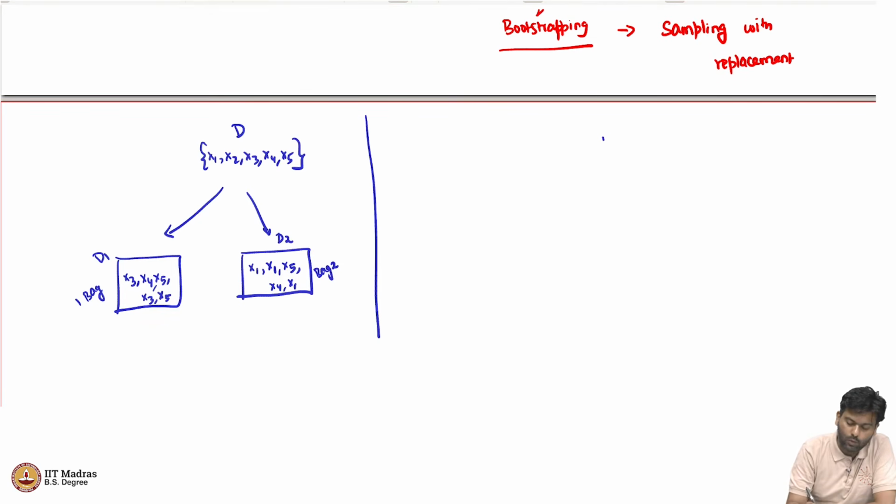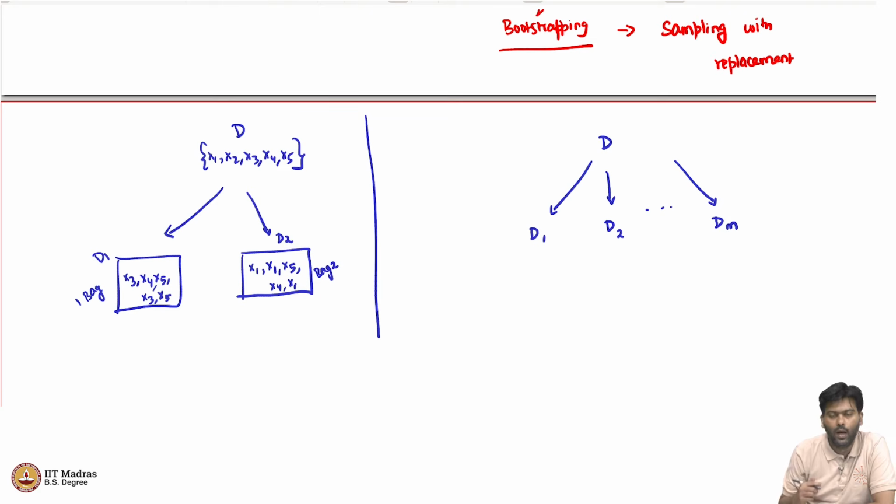So, what you would do in bagging is you start with D and then create these uniformly sampled with replacement bags D1, D2 till Dm. And now, once you have these bags, each with n data points, the original had n points, this also has n points and so on.